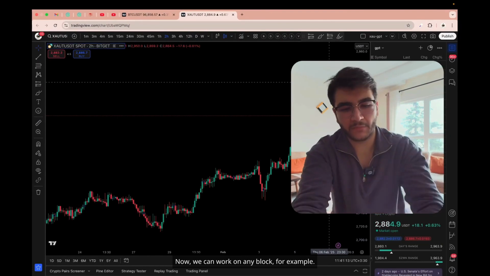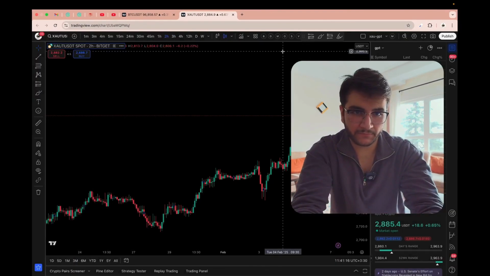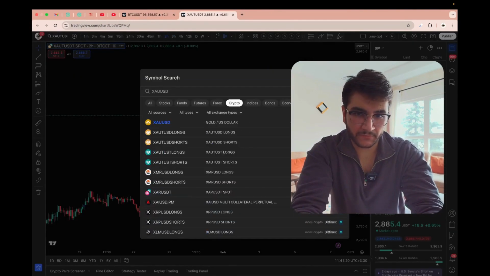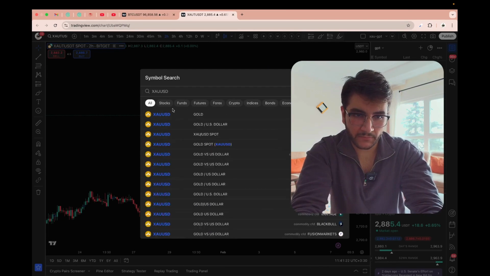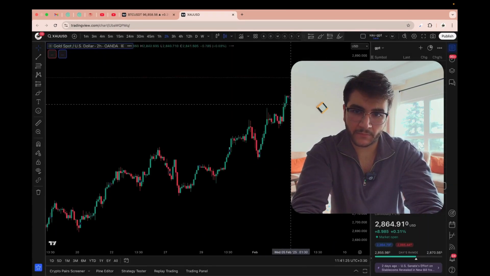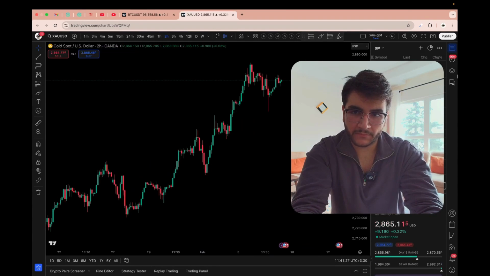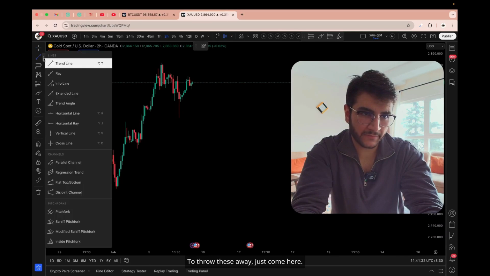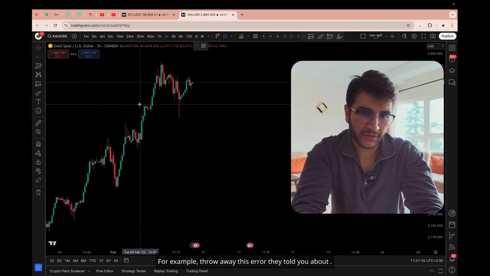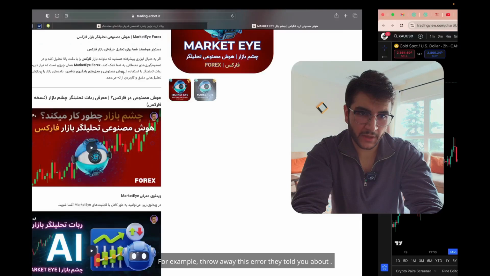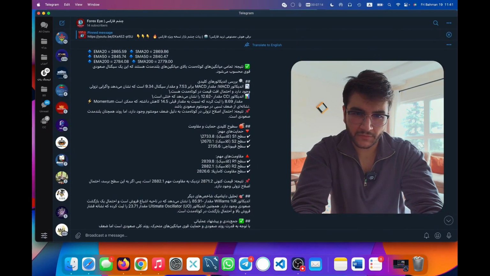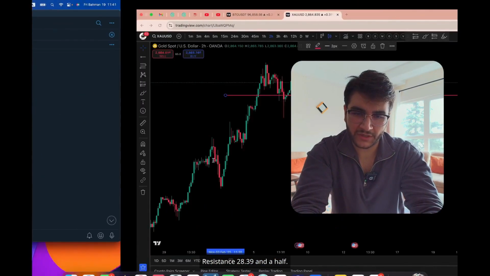Now we can work on any chart, for example. To draw these, just come here. For example, draw this level they told you about. Boom. Resistance, 28.39 and a half.